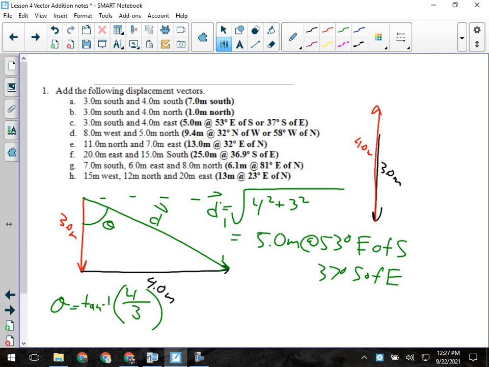So what I would like you to try right now is G. It's kind of like the camper question we did where the person walked from their tent to the lake and it had 3 different vectors. So give G a try. I'll give you a few minutes on that. You're not going to have to find x's and y's and use a lot of trig. You have to use one trig function at the very end. So give that one a try, and then we'll go through it together in a second.